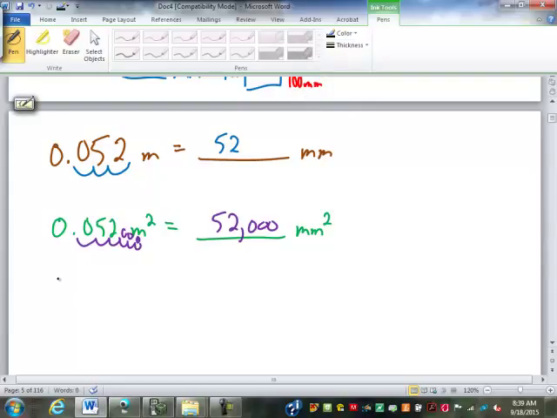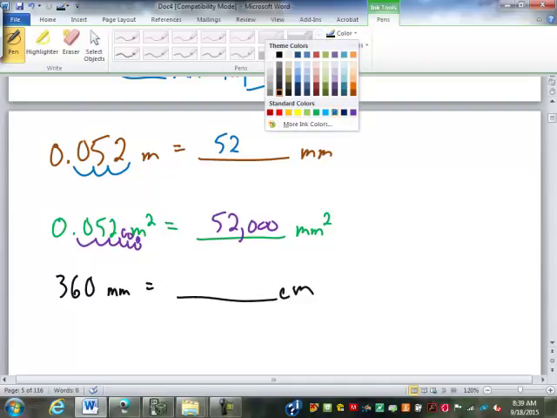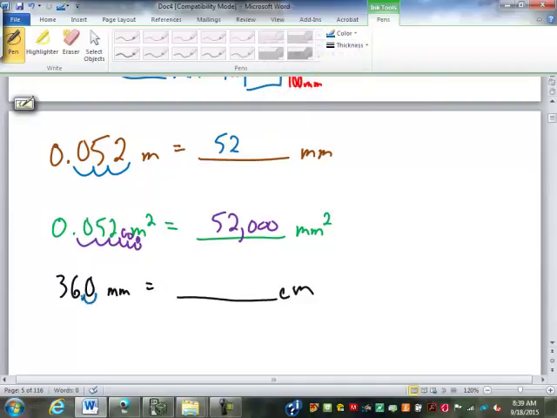If I have 360 millimeters, how many centimeters is that? 36. On the chart, from millimeters to centimeters is 1 spot to the left. That's 36 centimeters.